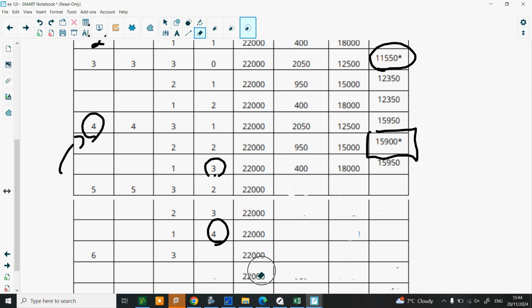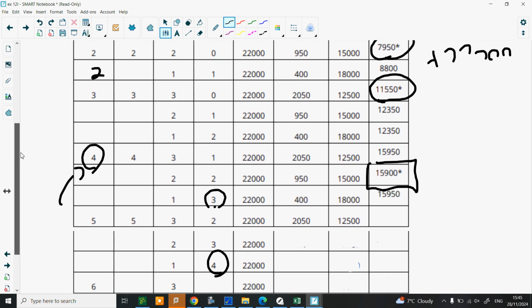All right, 22,000 each time. Every time, isn't it? Okay, how many years maintenance here, guys? 3 years of maintenance. 2,050. Sell after 3 years. 12,500. The most expensive 2, is it?